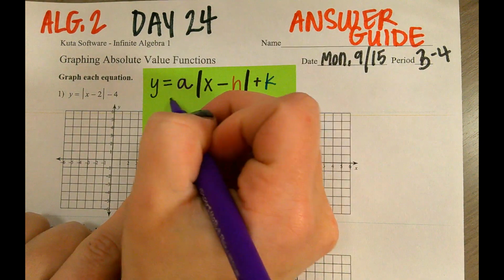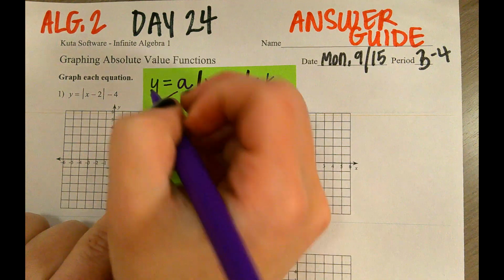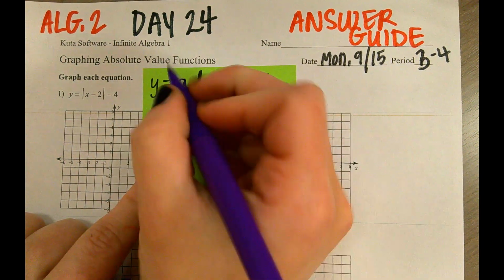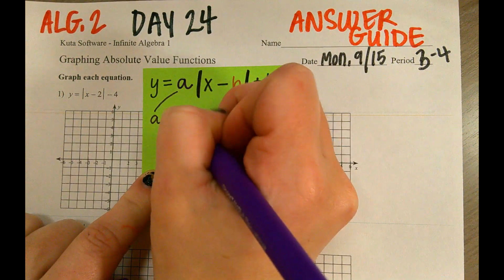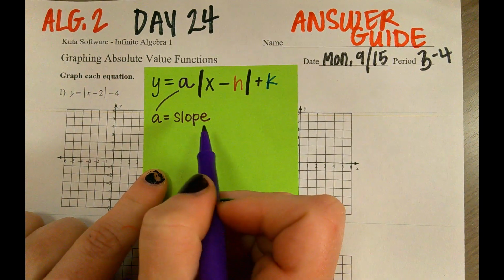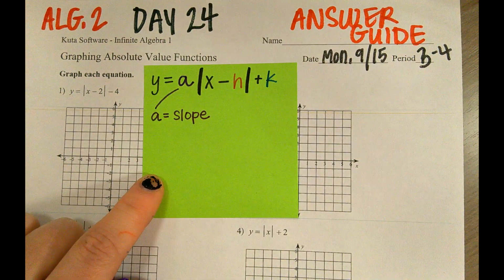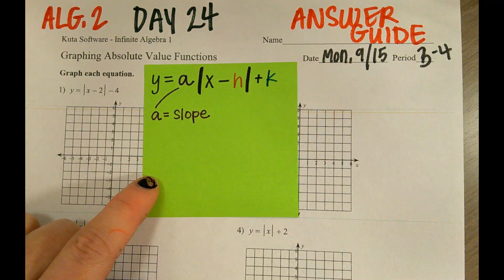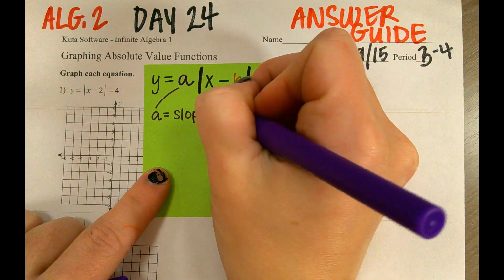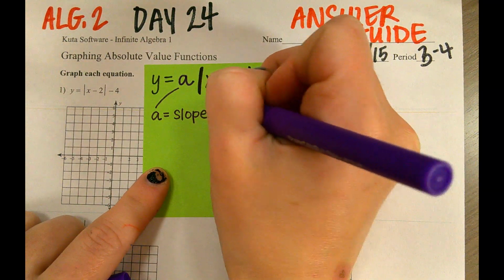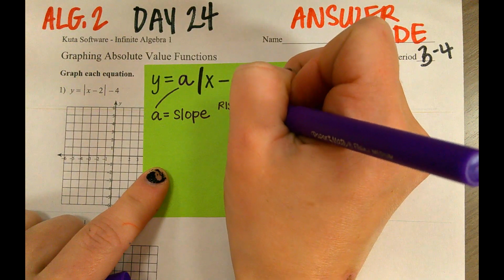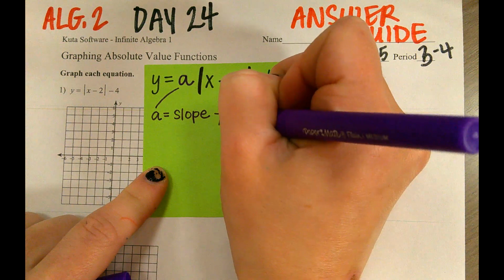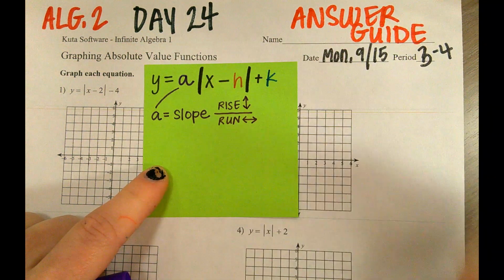We'll start with a. What does a represent in this equation? The slope. And slope tells us from one point to another, how many spaces do I move up? How many spaces do I move over? So that's our rise, which is up or down, over run, which is left and right.